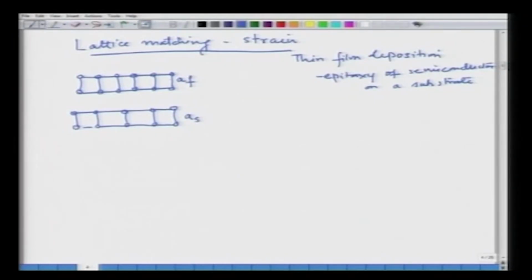When I try to deposit this material on top of my substrate, the atoms where they are going to match with the substrate are at a different length. As a result, when I deposit this material, I have two options.